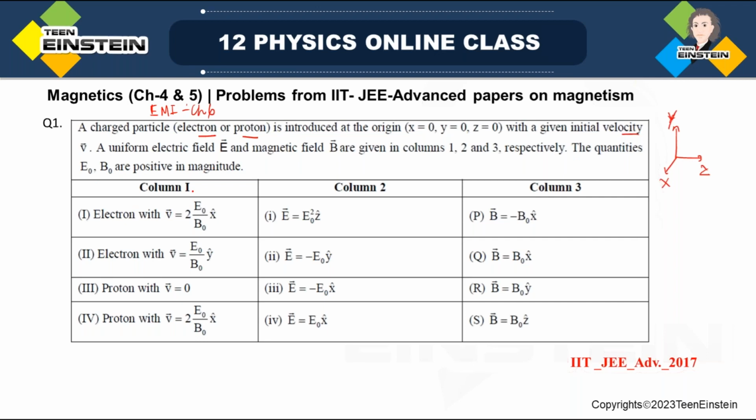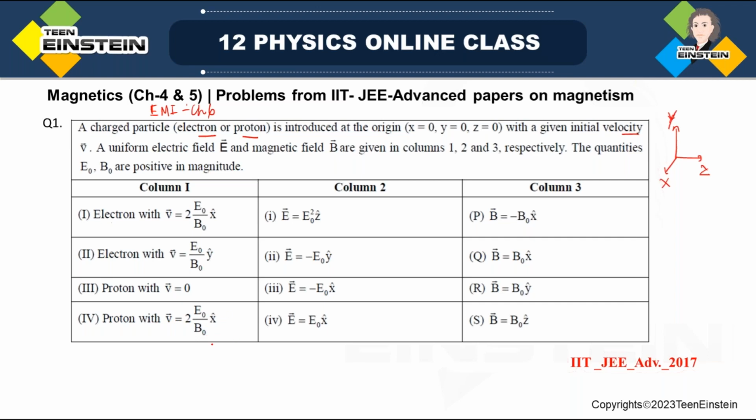So see, there are 3 columns, 1, 2, and 3. In the first column, the charged particle and the corresponding velocity vector is given. Suppose in this case, the first one is an electron, which is introduced with a velocity 2 E0 by B0 x cap, and the electron with velocity E0 by B0 y cap, then proton with velocity 0, and the fourth also a proton, which is given a velocity v equal to 2 E0 by B0 along the x direction.